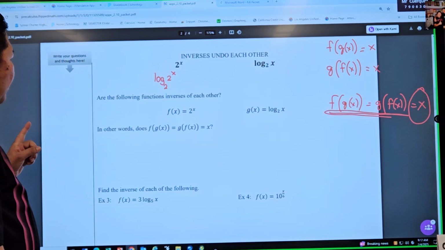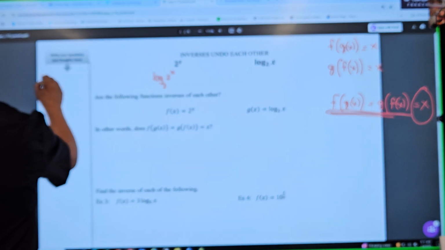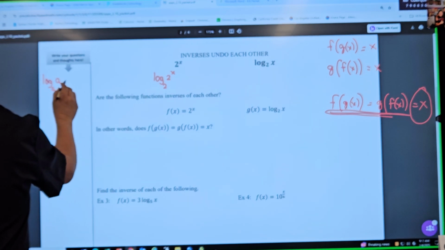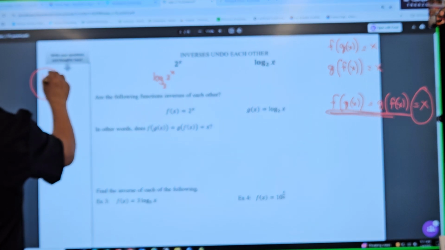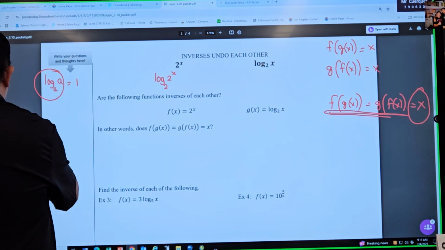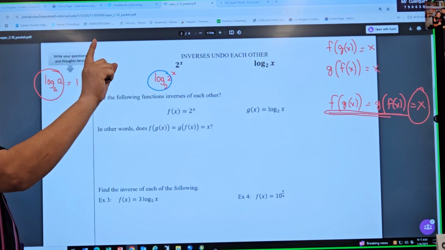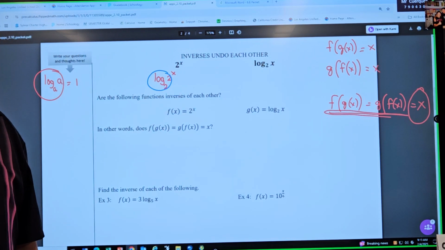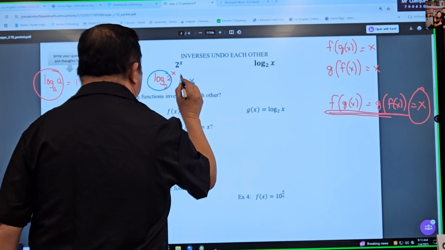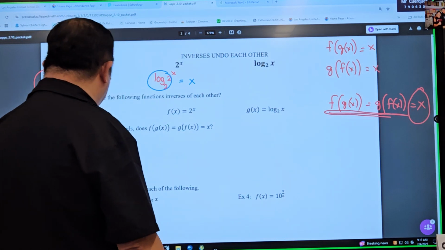So, again, definition of logarithm in Algebra 2: log of a to the base a is equivalent to 1. Therefore, log of 2 to the base 2 is 1. 1 times x equals x. So, this is equal to x. Does it follow the definition? Yes. Okay. Next.